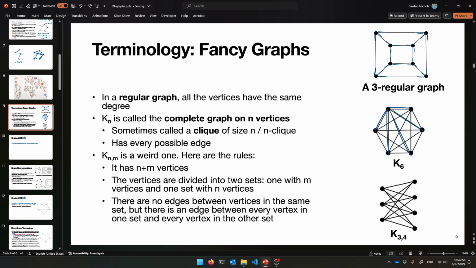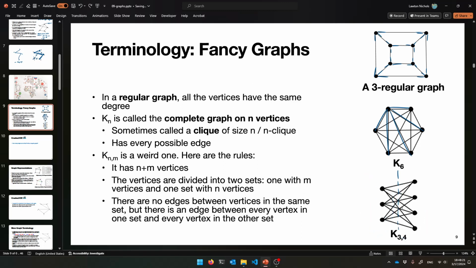I don't even know if there's a real name for it, but here are the rules to generate this graph. If you see K N comma M, here's what you do. There are N plus M vertices total, and you put N of them on the left and M on the right. You draw them separately, and think of there being a dividing line between the 3 on the left and 4 on the right.